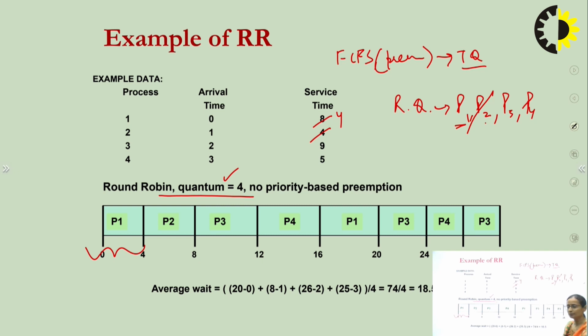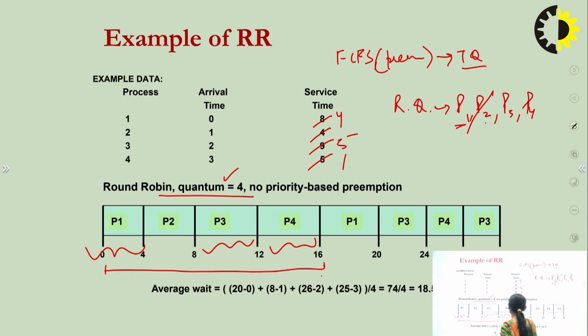The next is P3, again for 4 units, so its remaining time is going to be 5 for the next cycle. Then the next process is P4, and for the next cycle its requirement is going to be 1. Now after this first cycle, we will repeat the process.